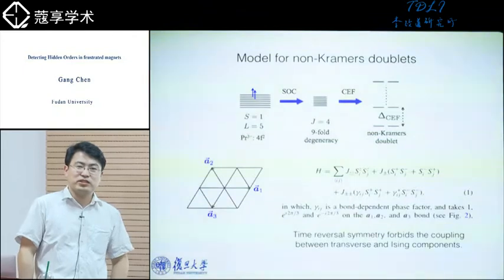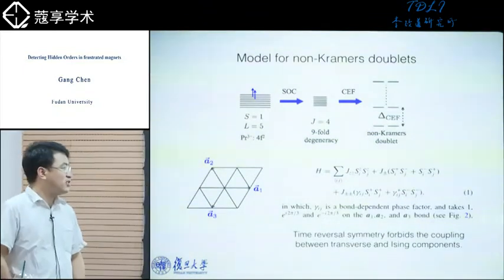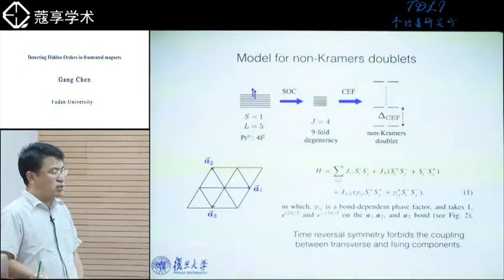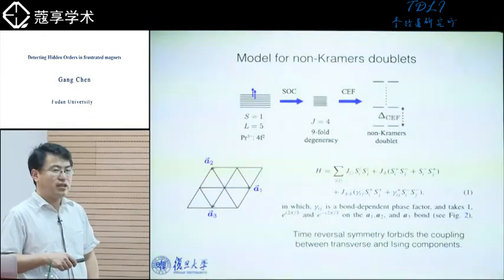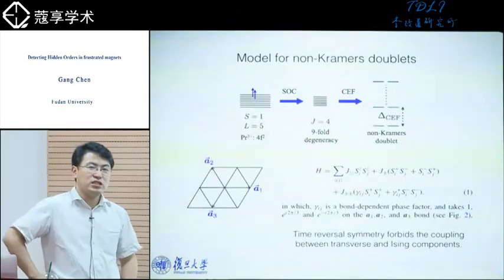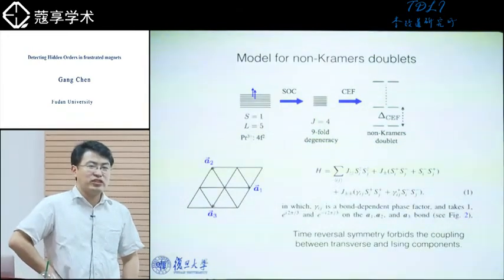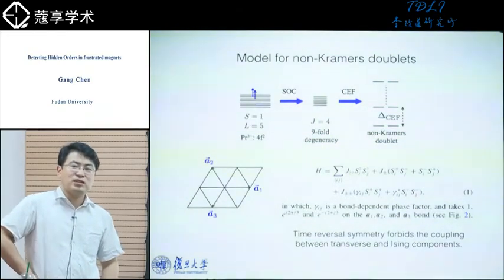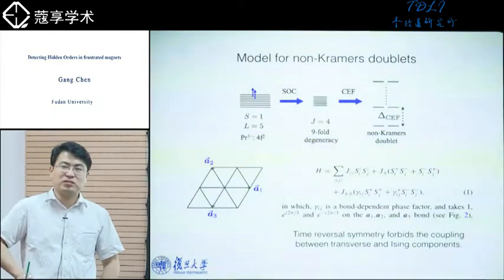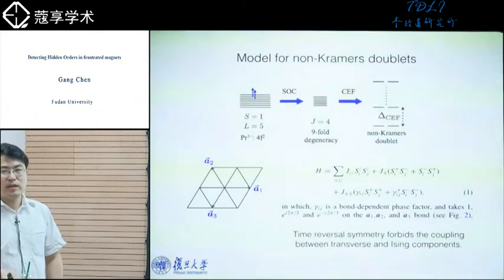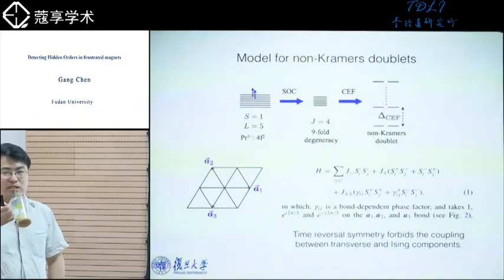There's no such mixing term. That's an important element due to time reversal invariance. Under time reversal, Sz changes sign, the transverse component does not. So if you imagine an SxSz term, under time reversal it will become minus SxSz. So such a term is forbidden by time reversal symmetry.